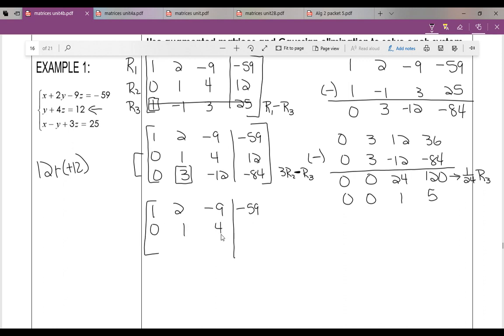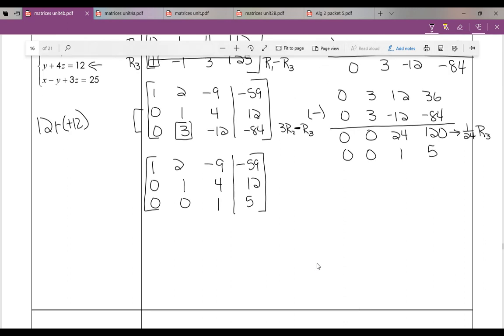It is very easy, as you are trying to go back and rewrite all of these over and over, to miss a sign. So be very careful. Now, I have my diagonal of ones. I have my bottom corner of zeros. So now it's time to put the variables back.